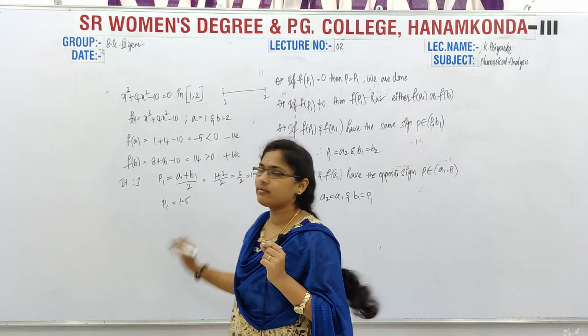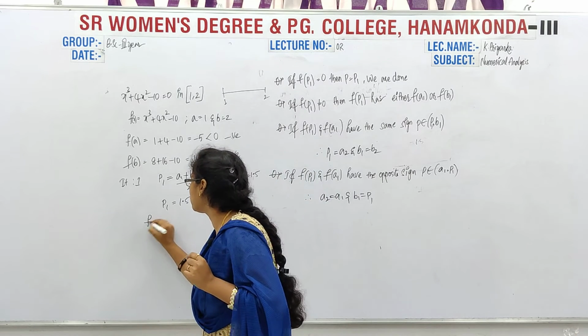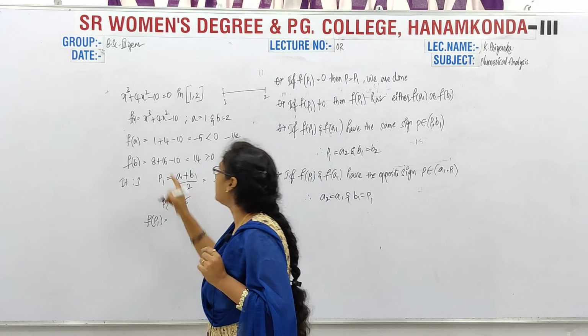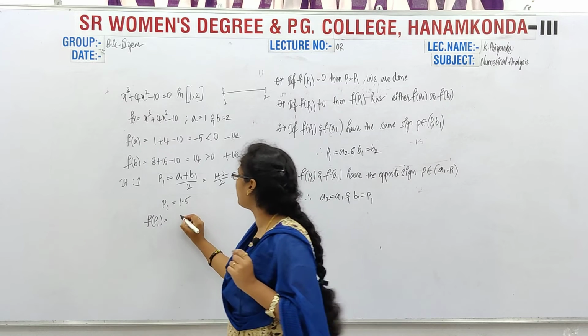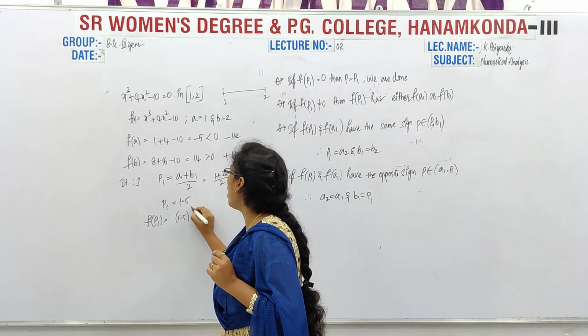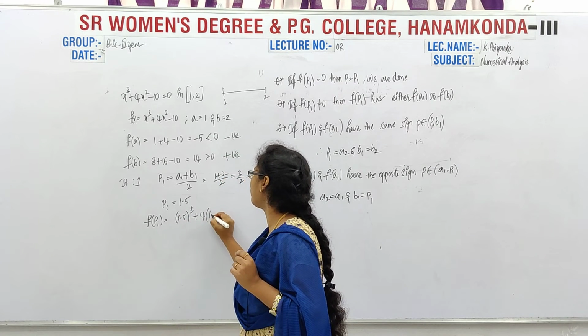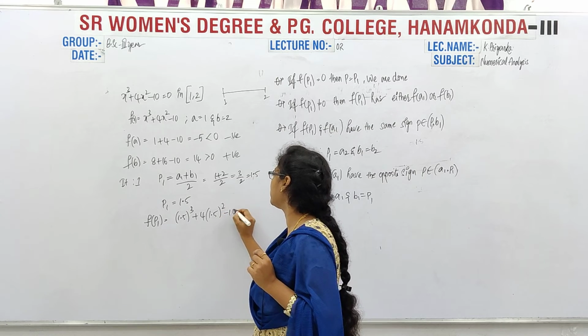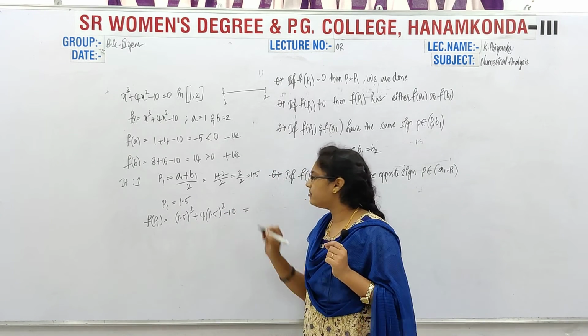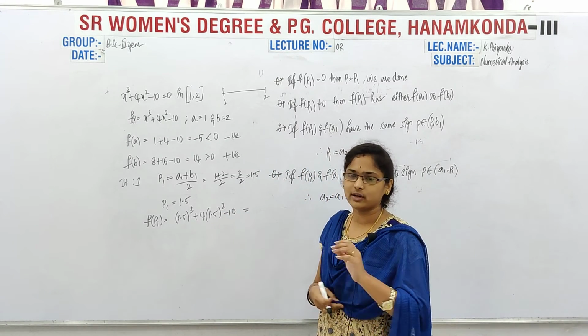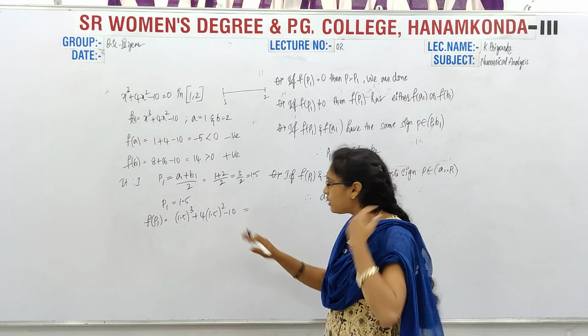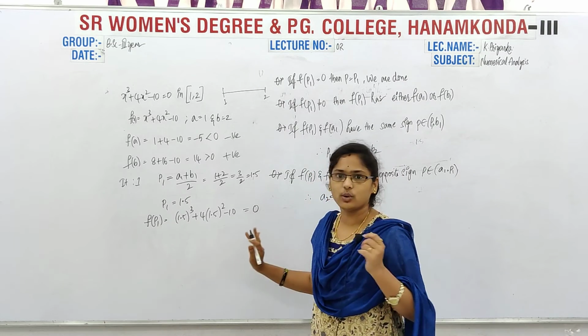Okay, so now what do we have to do? We have to substitute this f of p1 in this equation. So f of p1 means 1.5 whole cube plus 4 of 1.5 whole square minus 10, and here we will get some constant value.